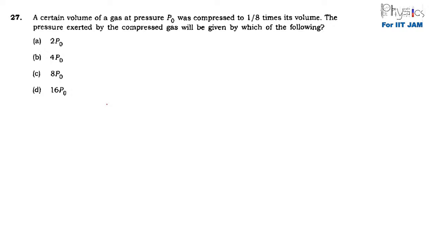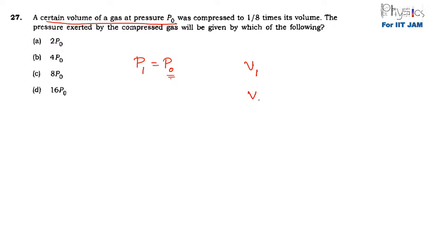So here the initial pressure, say P1, is given as P0, a certain volume of gas at pressure P0. Suppose the volume is V1. So initial pressure is P1, which is equal to P0, and initial volume is V1.